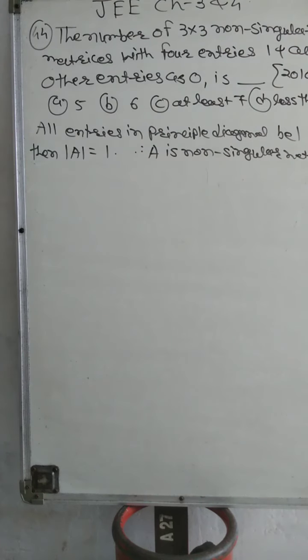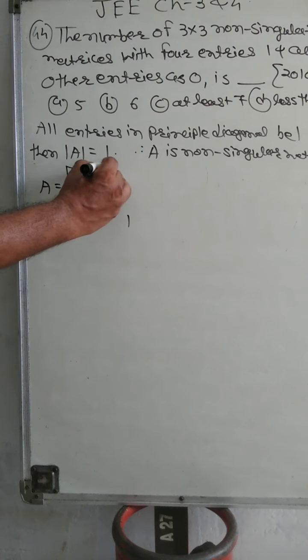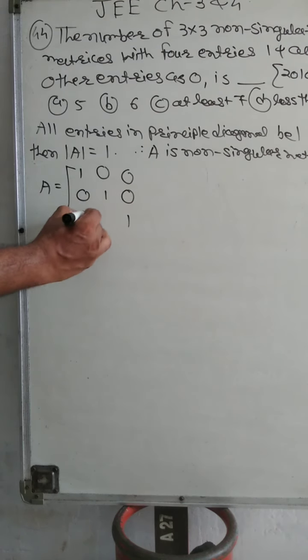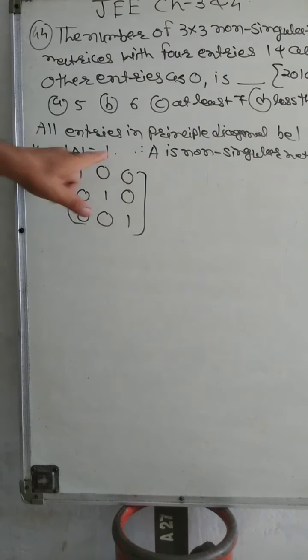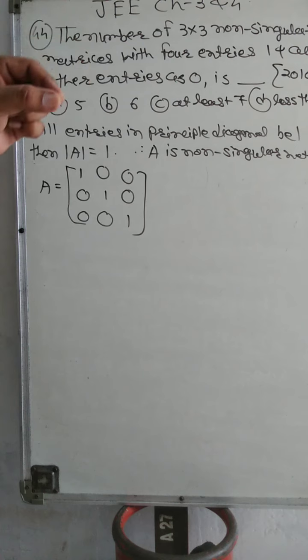Now the next thing: there are matrices with all the principal diagonal entries 1 and, among the remaining 6 entries, any one entry is 1 and the other 5 entries are 0. Here we take the diagonal 1 1 1, and the remaining entries are 1 2 3 4 5 and 6. Remember this very carefully: I write 6 circles, which means in these 6 circles we fill either 1 or 0.